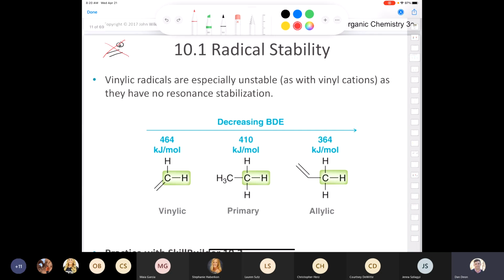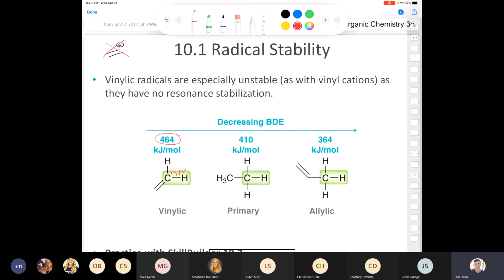Why? Because if you were to form a radical from this, it's a very thermodynamically unfavored reaction because it's completely destabilized. So this is something else that you need to know, that since the vinylic radical has no resonance structures, it has no stabilization, it's going to be very unstable, and therefore the bond dissociation energy is going to be very high.